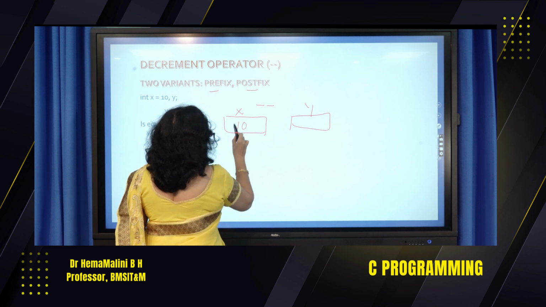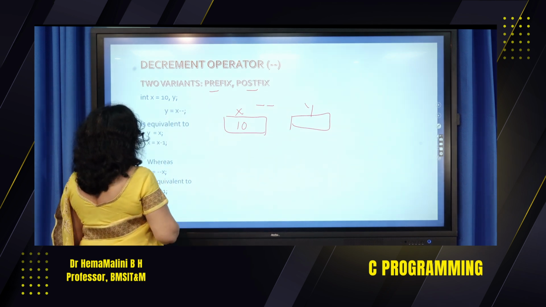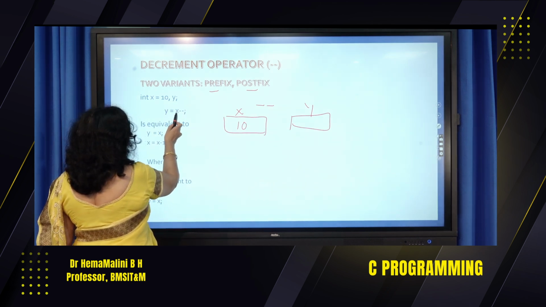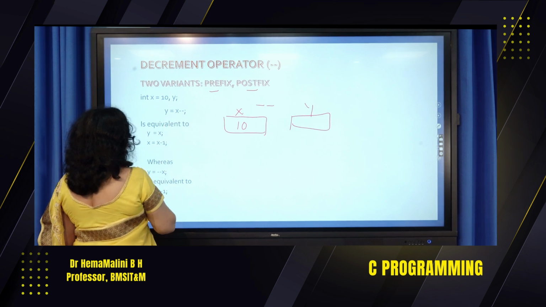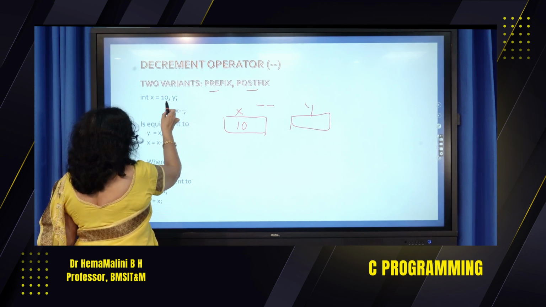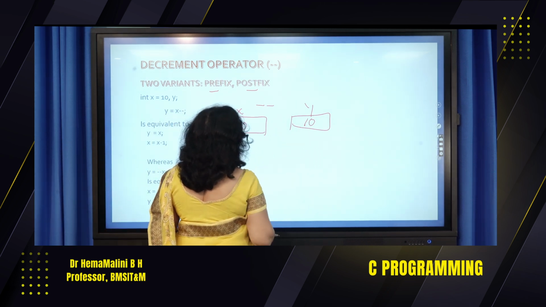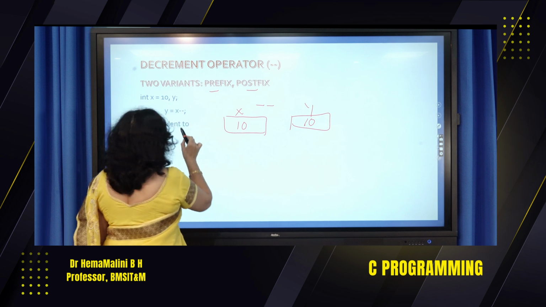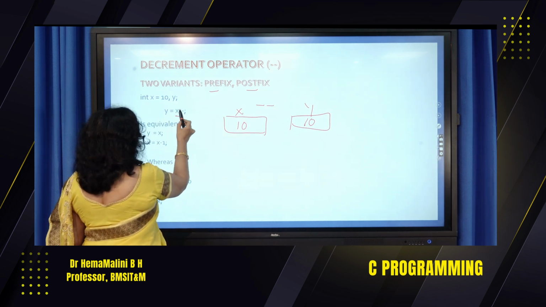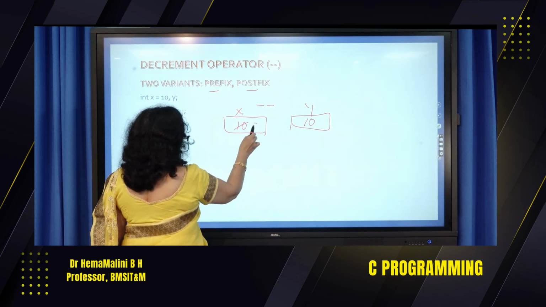X is initially 10. So y equal to x minus minus. It means x is stored in y. Y gets 10. After that, we are going to decrement x. X becomes 9.